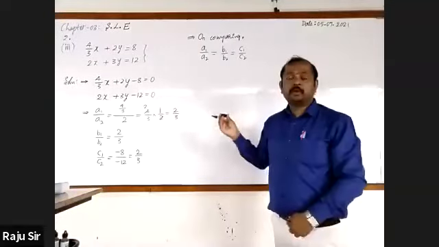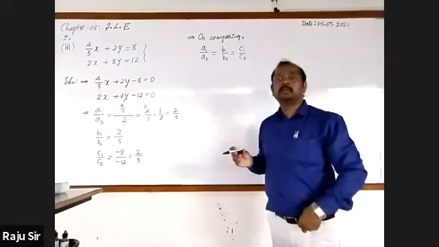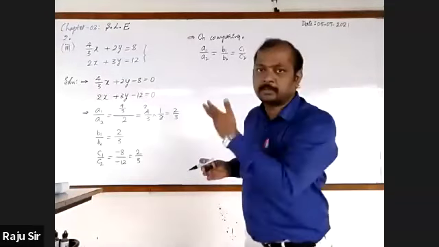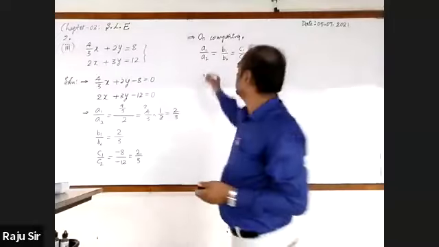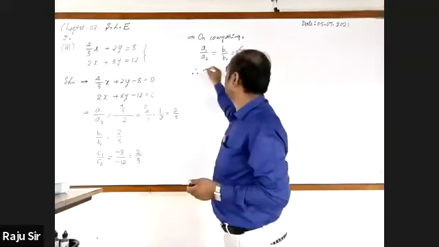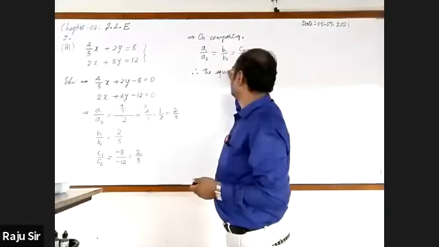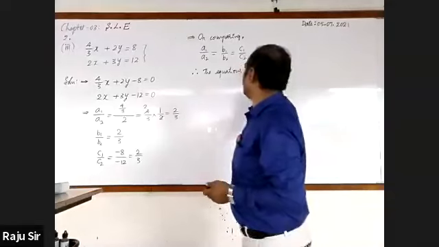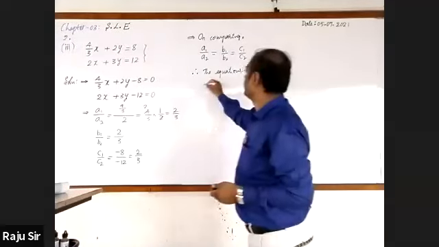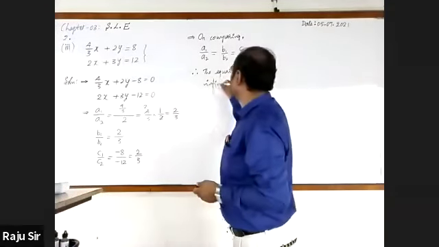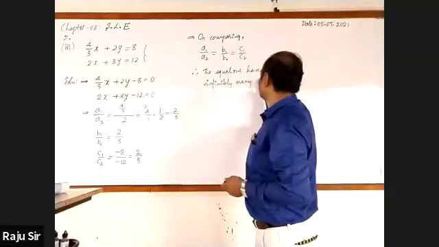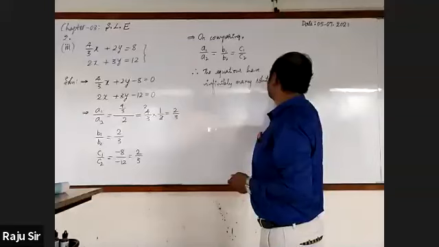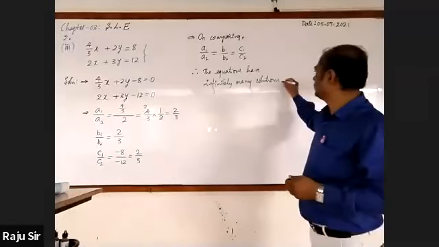If all the ratios are equal, what type of solution does a pair of linear equations have? Infinitely many solutions. You can write, therefore, the equations are infinitely many solutions. The equations have infinitely many solutions.